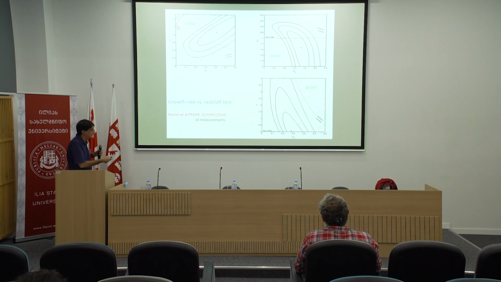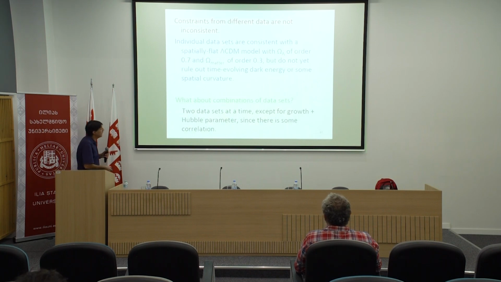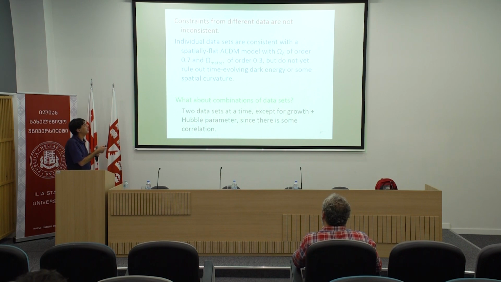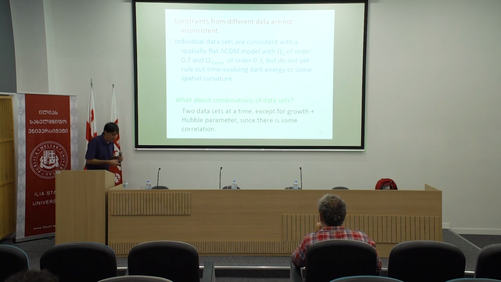Standard model is good. And so by looking at these, the really important thing is that the constraints overlap. They're not inconsistent from the different data. And individually, they're consistent with the standard model with omega lambda of 0.7, omega matter of 0.3, but you're allowed to have time-evolving dark energy density or some spatial curvature.